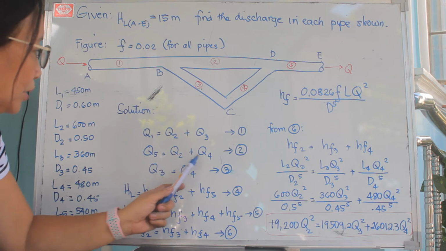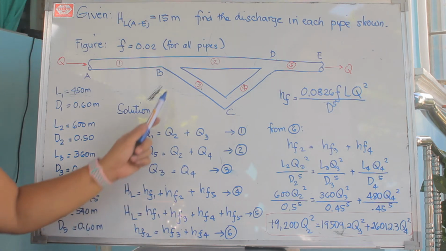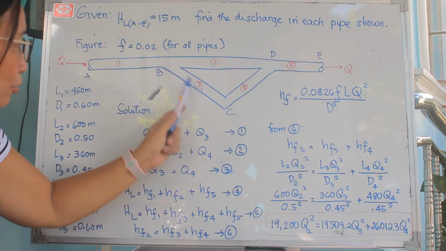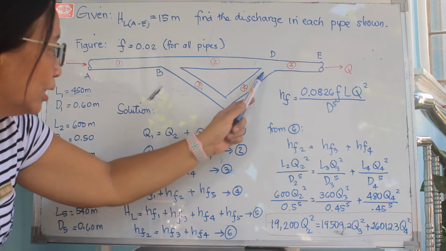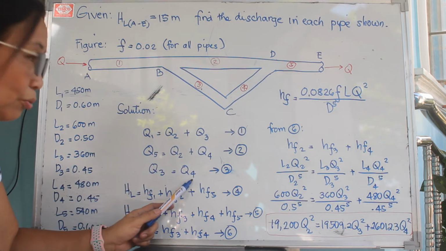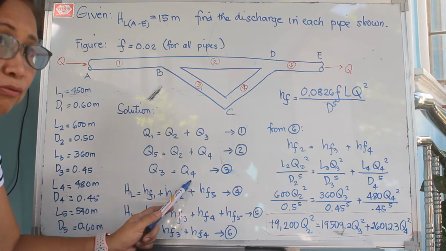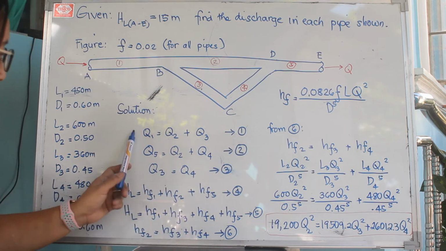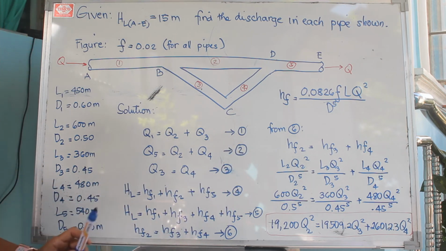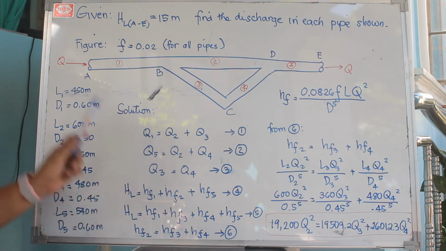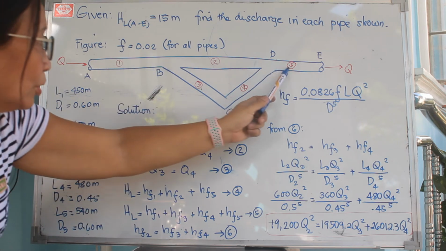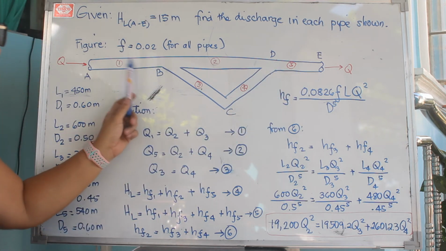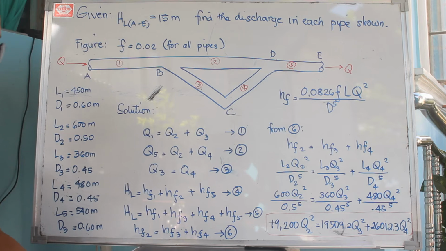So, Q5 is Q2 plus Q4. Now, the flow at pipe 3 ay continuous na dumaloy hanggang sa pipe 4. So, it is Q3 is equal to Q4. So, that's another equation for discharge. So, tatlo yung equation natin sa discharge. Now, we can also add that Q1 is also equal to Q5 kasi yun din yung pumasok, yun din yung lumabas sa pipe 5. Pwede rin natin idagdag yun.